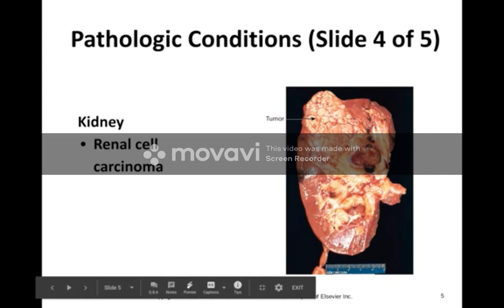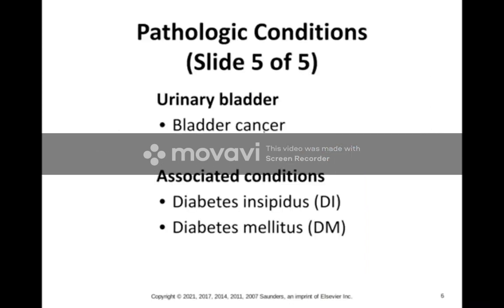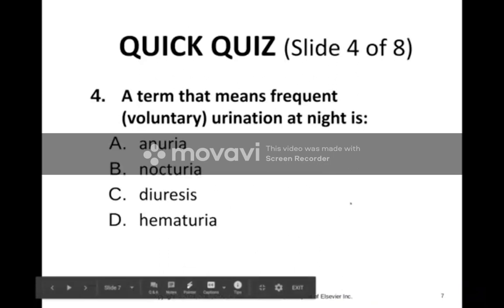Here is a renal cell carcinoma tumor right here on the kidney. And then as far as the urinary bladder goes, a pathological condition would be bladder cancer. And then associated conditions with kidneys are diabetes insipidus and diabetes mellitus, DI and DM.